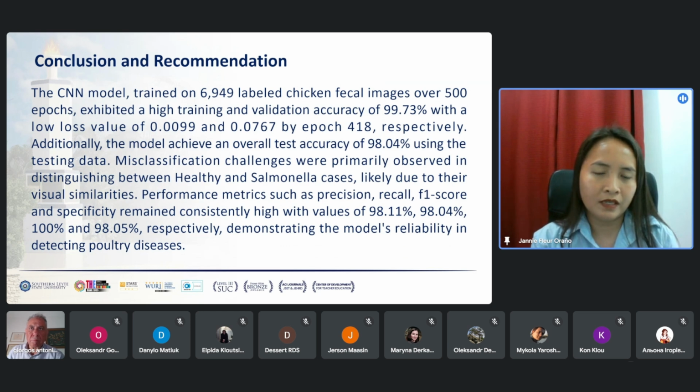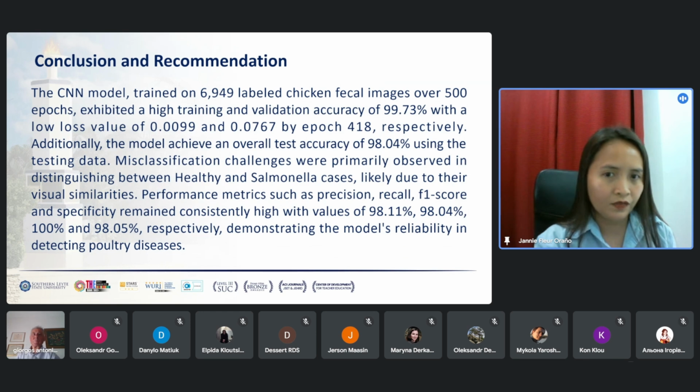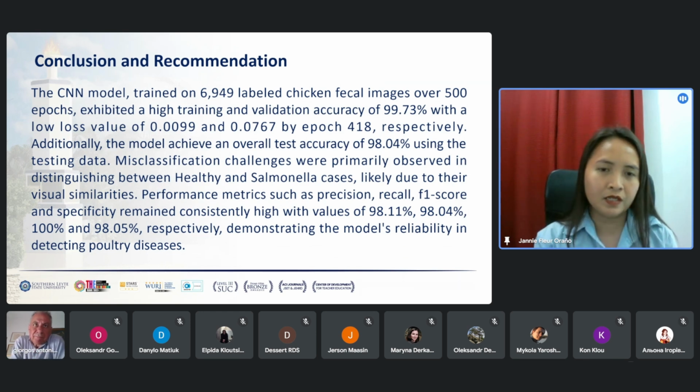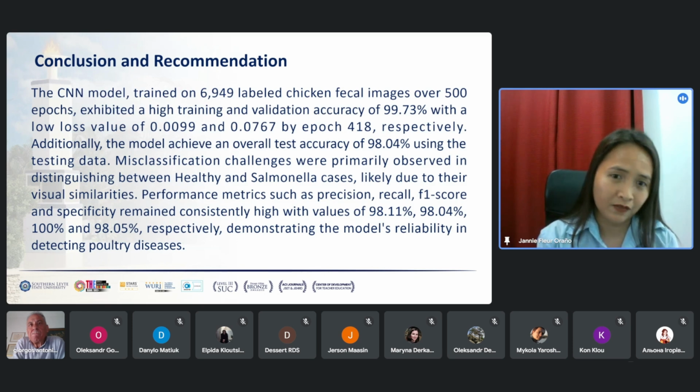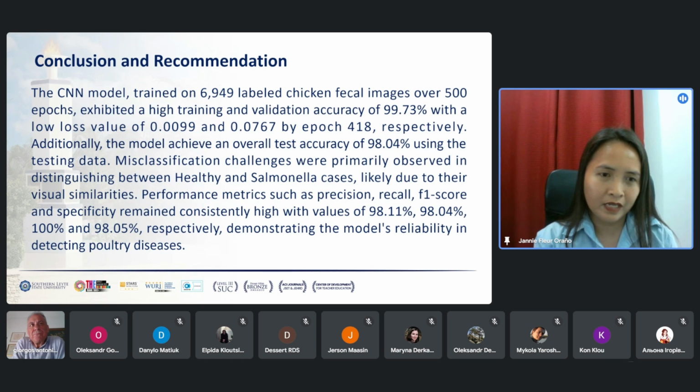This is an indication that the model is doing well in classifying the instances of these diseases. The performance metrics such as precision, recall, F1 score, and specificity also remained consistently high, with values of 98.11%, 98.04%, 100%, and 98.05% respectively, demonstrating the model's reliability in detecting poultry diseases.